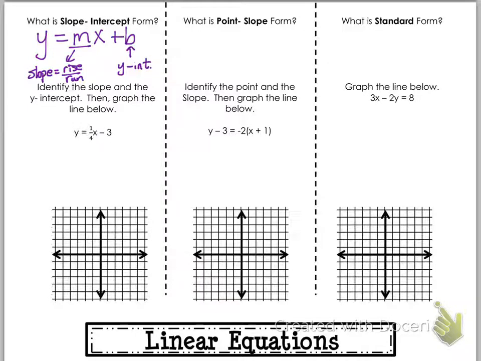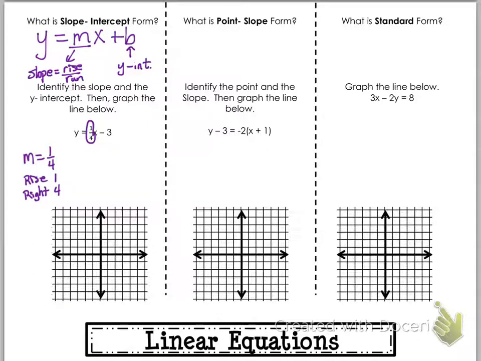Okay, in the following example, we are to identify the slope and the y-intercept and then graph the line below. The number in front of x is our slope, so m is 1/4. That means we will rise 1 and go to the right 4.